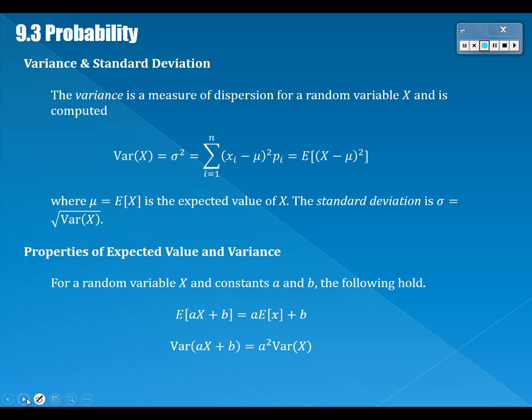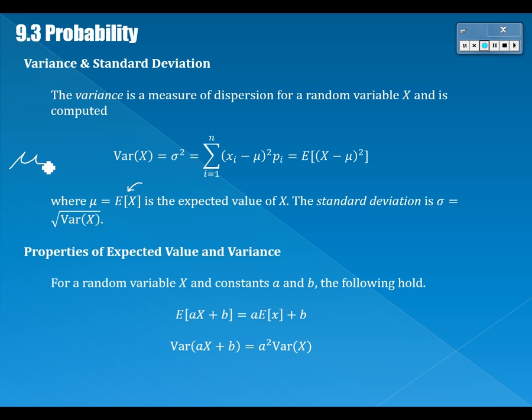Where are my stat people at? So the variance is the expected value of the squared distance the random variable is away from the mean of the distribution. And by the mean, we mean the expected value. Here we're using the Greek letter mu to mean the mean.